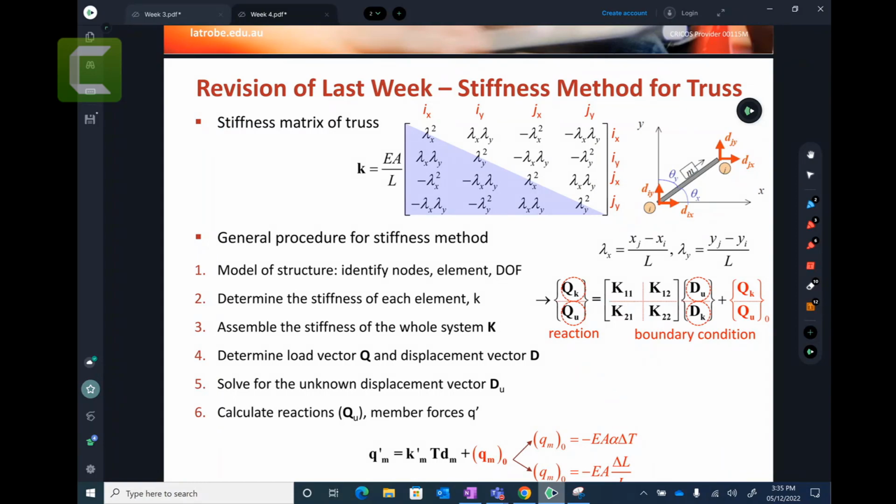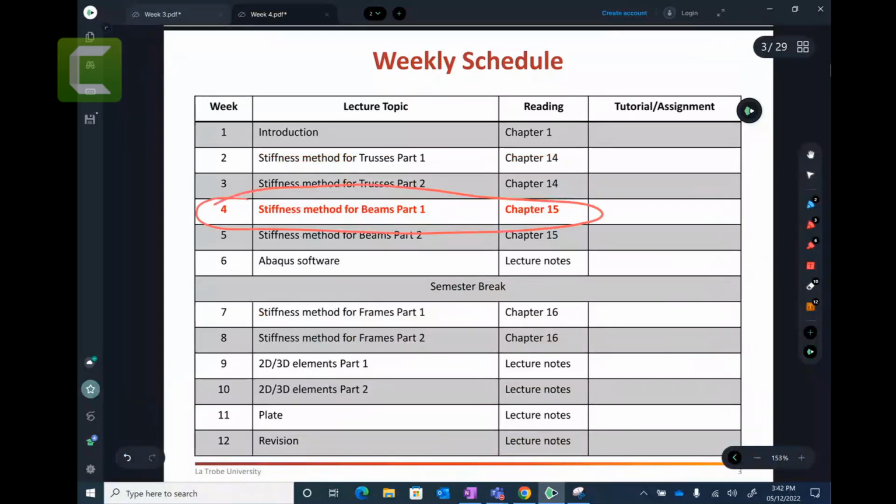Any overall comments or questions that are puzzling you, or that were not covered in the last 2 weeks of lectures, or that will not be covered in the assignments? So let me start the stiffness method of the beam, part 1.